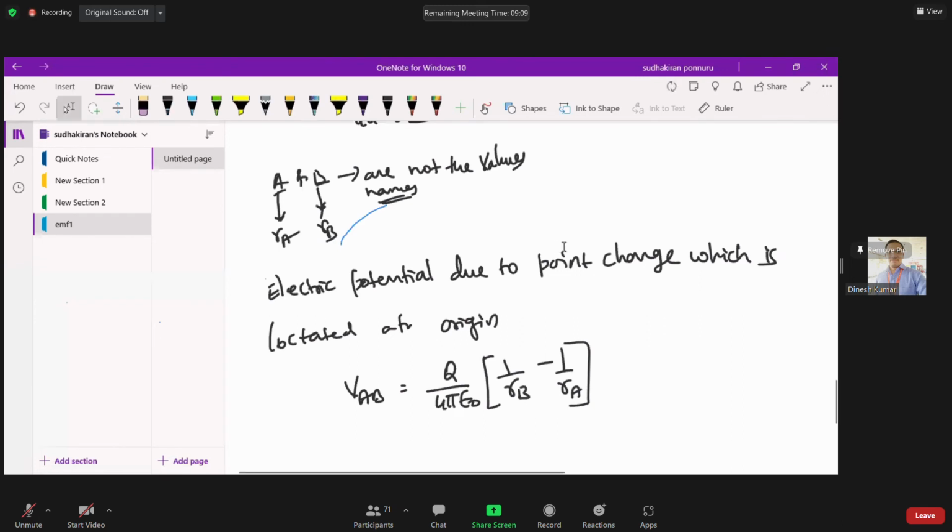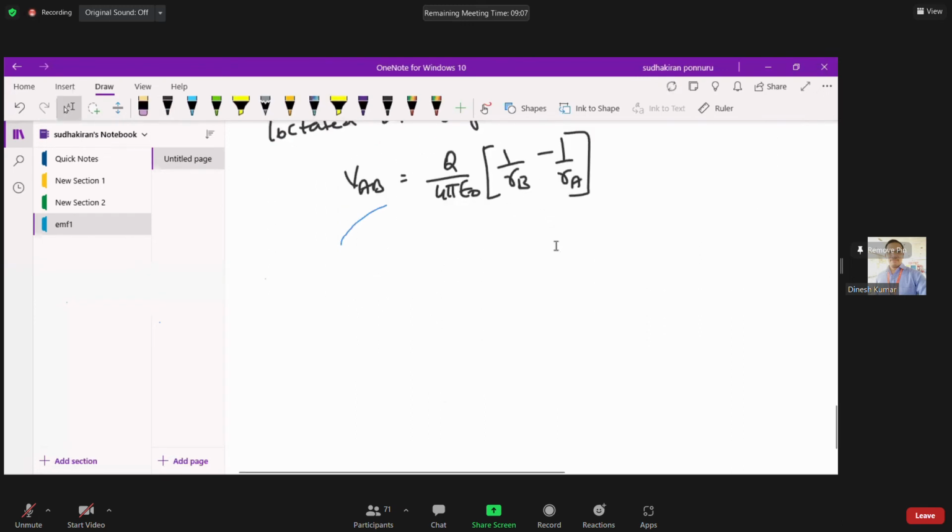If you expand this, it is equal to Q divided by 4 pi epsilon naught RB minus Q divided by 4 pi epsilon naught RA. Let this be VB and this be VA.